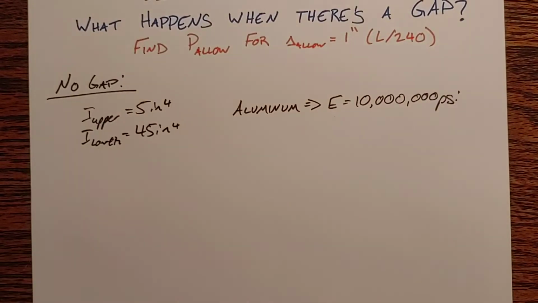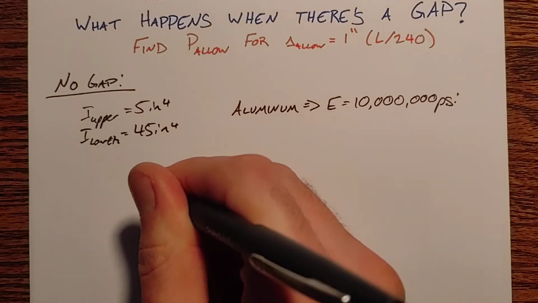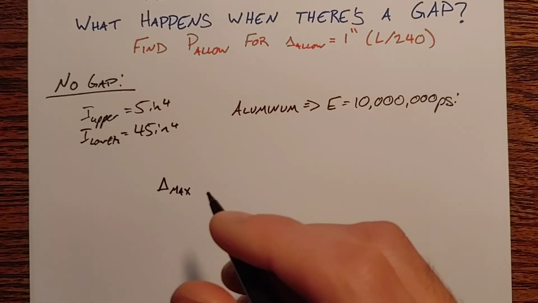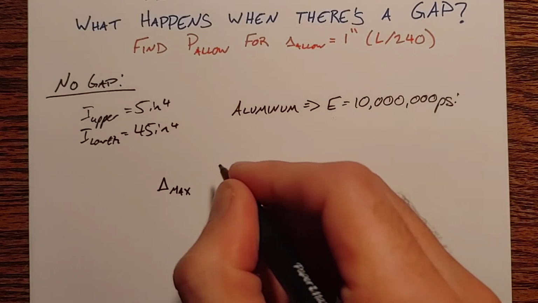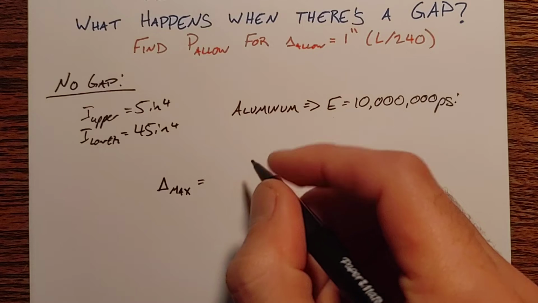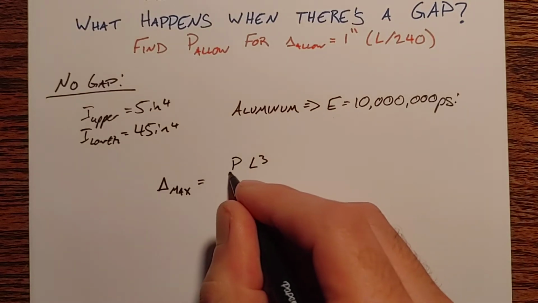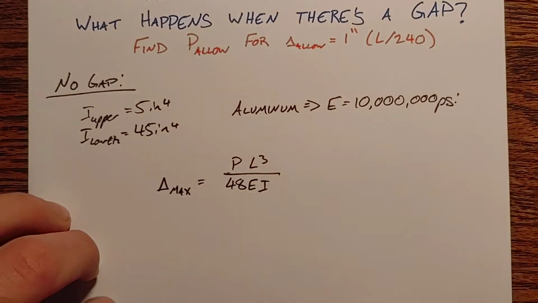And we should all know or remember that the maximum deflection under a point load on a simple span is, of course, I don't remember it well, so I'm double checking here, PL cubed over 48 EI.